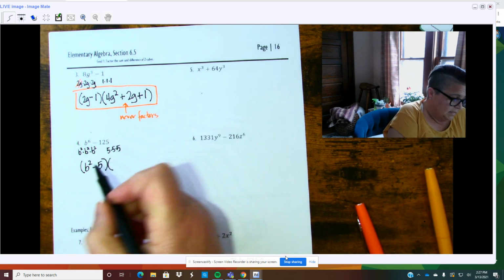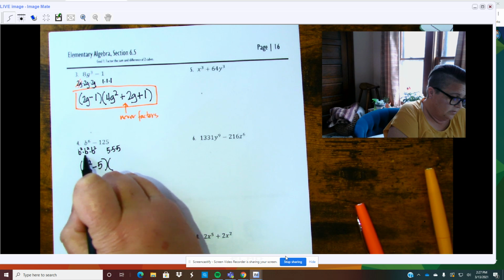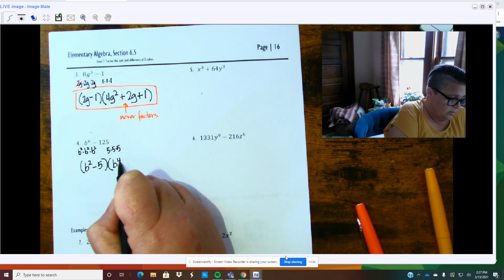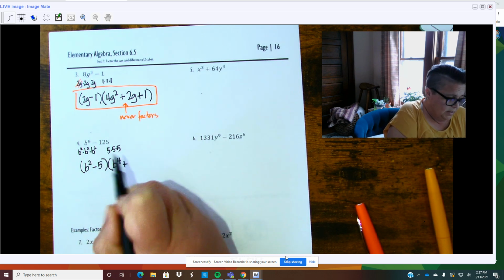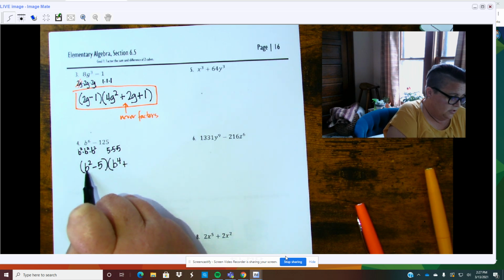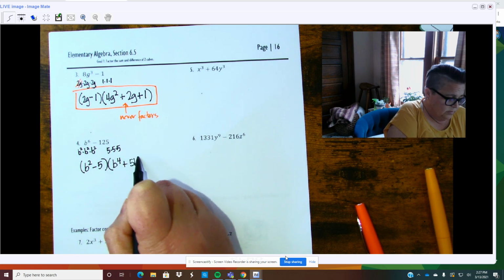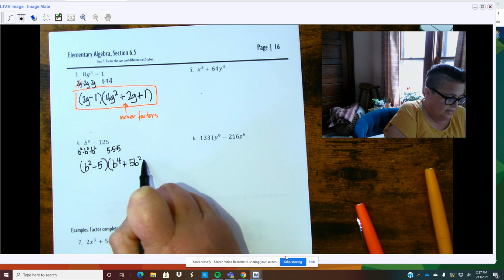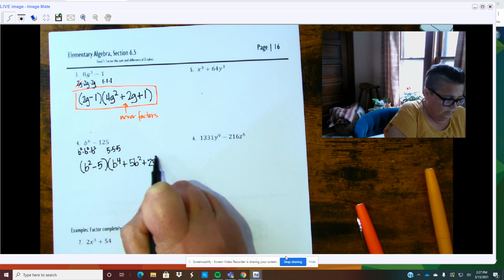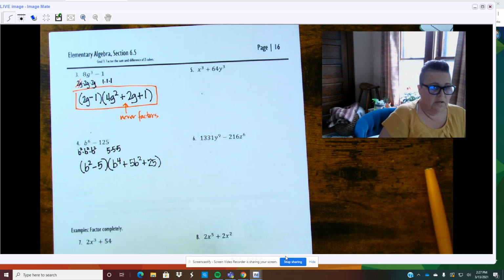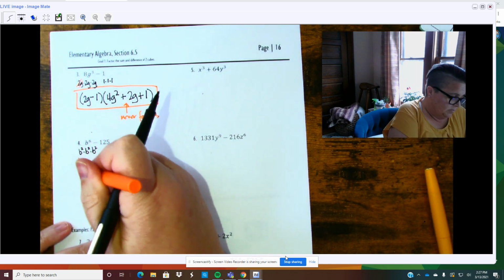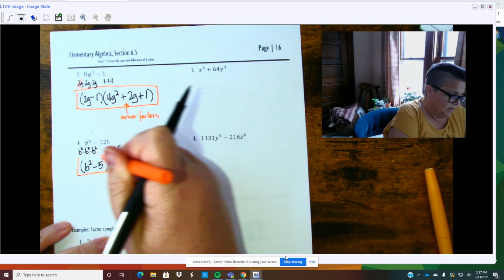The second one begins by squaring what's left here, so that'll be b to the 4th, opposite operator, and then the two of them together, so 5b squared, and then square the last one, always positive. There you go. b squared minus 5 times b to the 4th plus 5b squared plus 25.